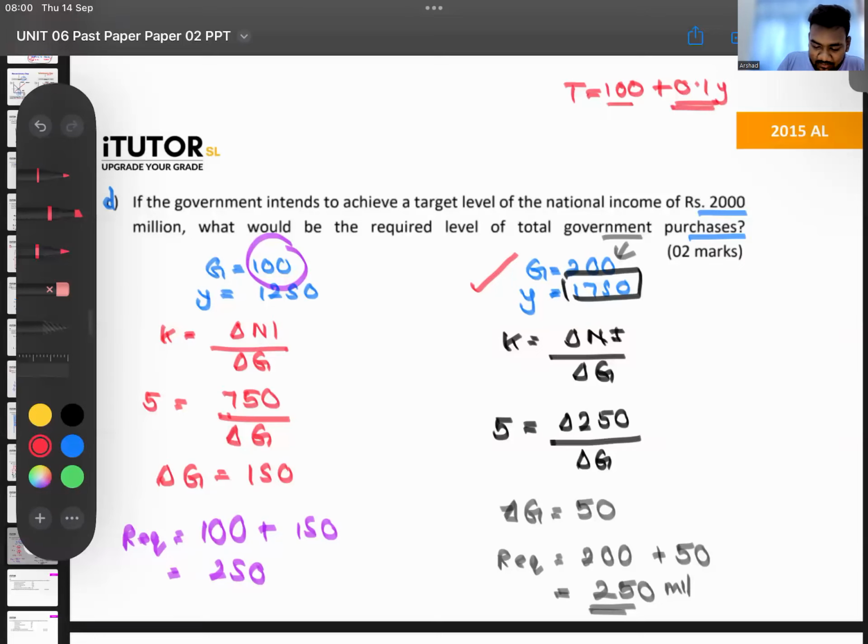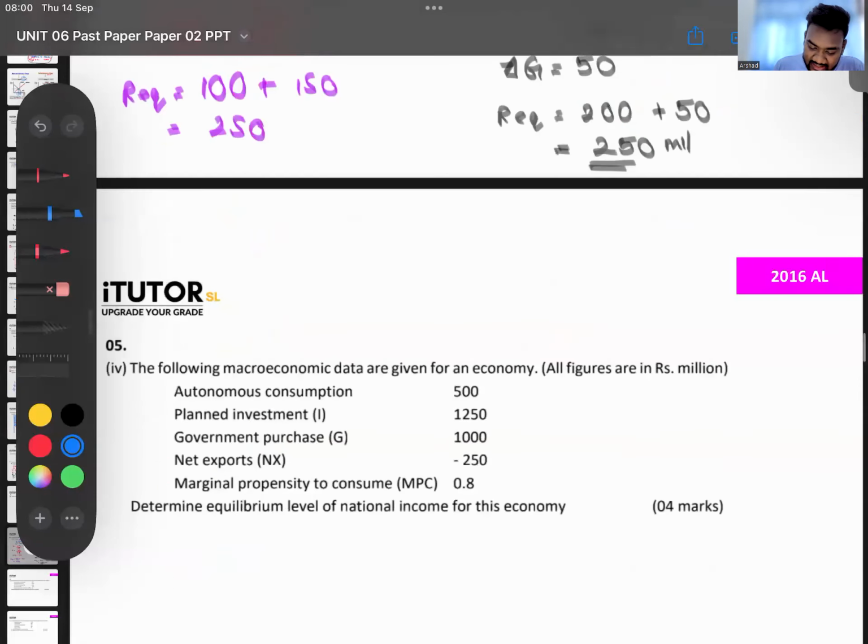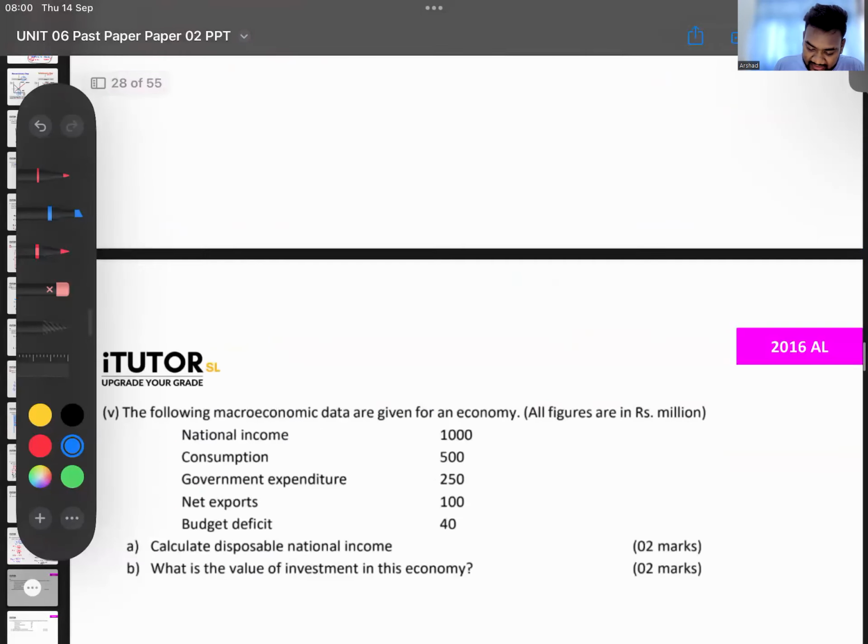This is the autonomous component. That's your total tax. But in our syllabus, we don't have this component. It might be there in some papers that I make for the fast track or something. But still, in our syllabus, we only have autonomous tax.